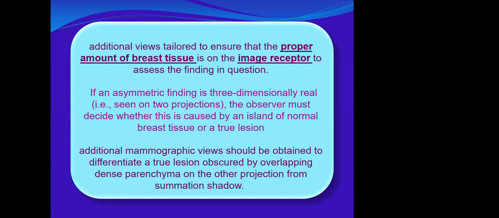And if the asymmetric finding is three-dimensionally real, i.e. seen in two projections, then we must decide whether this is caused by an island of normal breast tissue or a true lesion. As we described before, focal asymmetry is real since it is three-dimensional, seen in two projections, but it can still represent normal tissue.